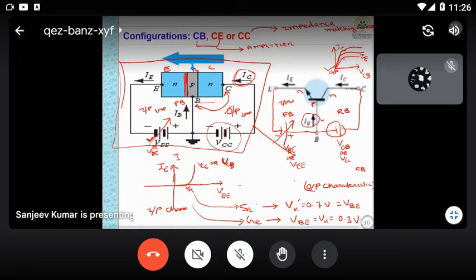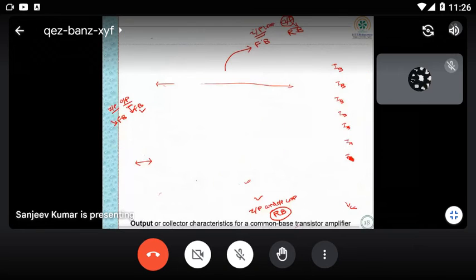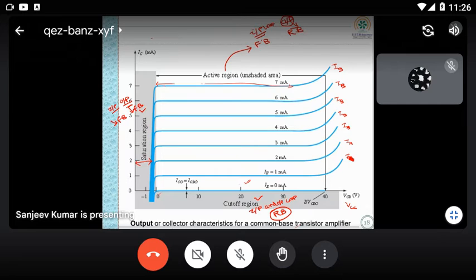So that's why that graph is shown. And here I have written IB, but this is your IE at different IE values.